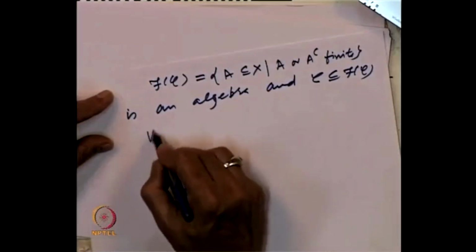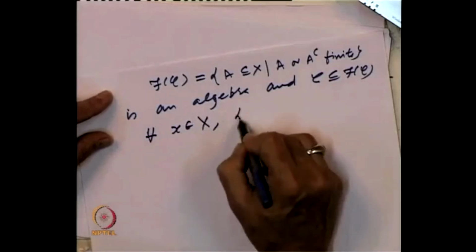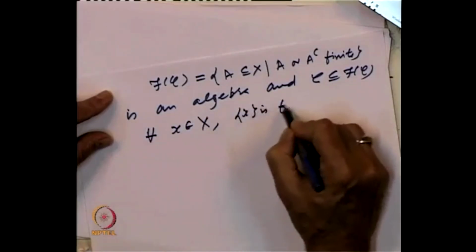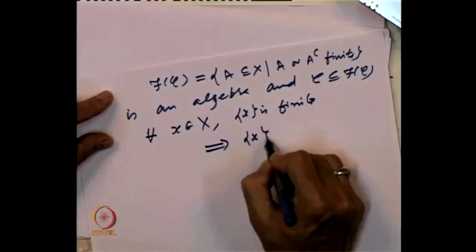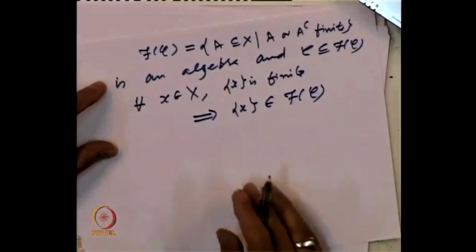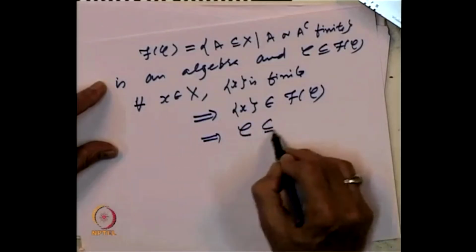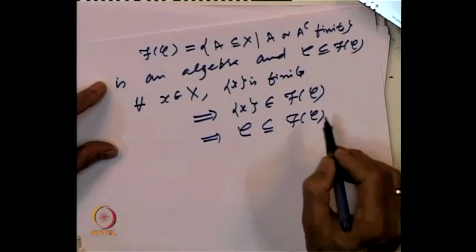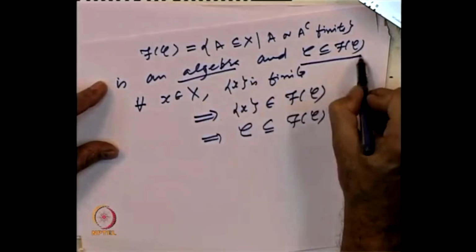Because for every x belonging to X, the singleton x is finite, implying the singleton x belongs to f of C. Okay. So implying that C is a subset of f of C. So thus f of C is an algebra and includes C.